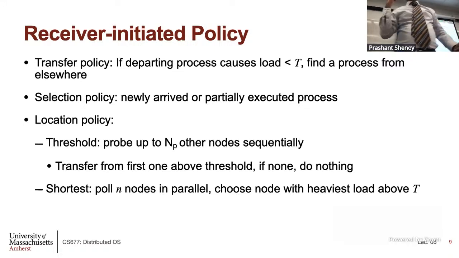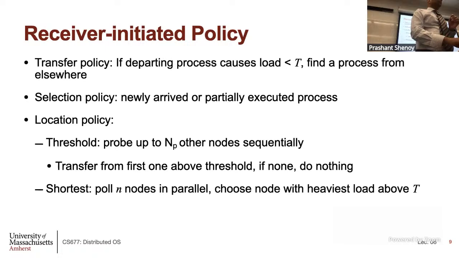Then you take that job over and you execute. So those are all approaches you can perform. And you can probe sequentially, you can probe at random, you can probe in parallel and pick the most heavily loaded, and then take a job over. So this is a receiver initiated policy. Here nodes become receivers when they become idle or lightly loaded, and then they go take on work.